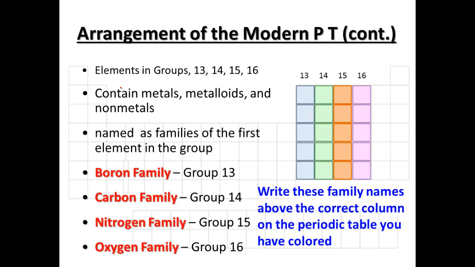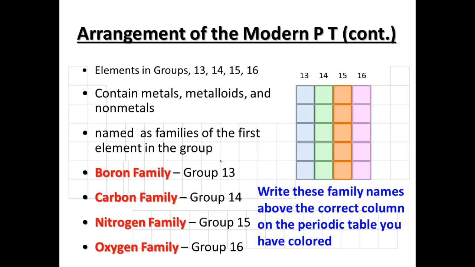And then just a little extra information to add on to your colored periodic table. Our groups 13, 14, 15, and 16, sometimes known as mixed groups, contain metals, metalloids, and non-metals. They're given the name of the first element in that family.